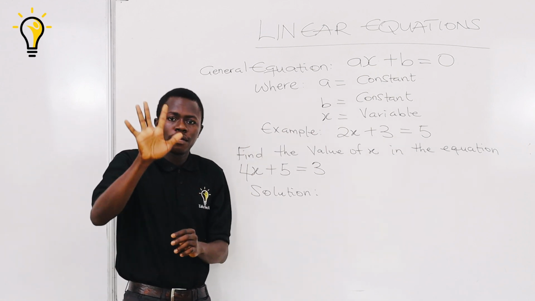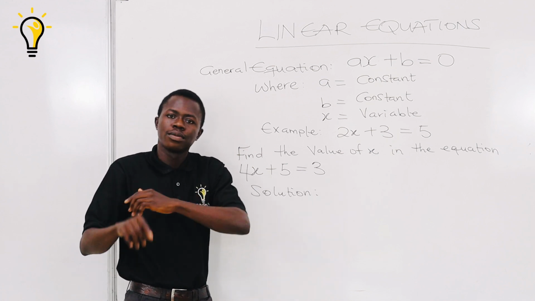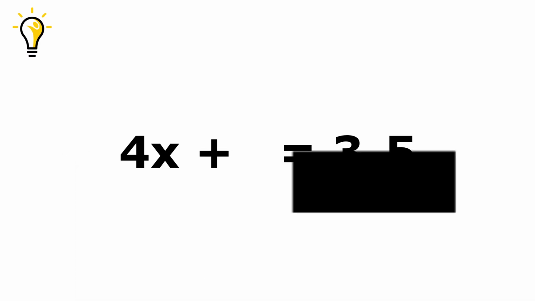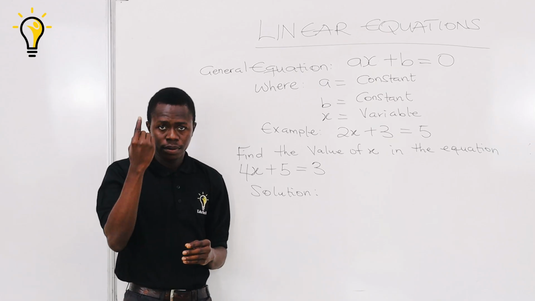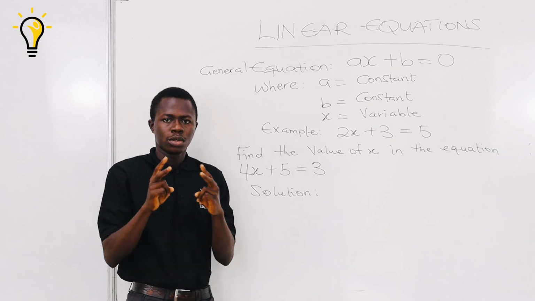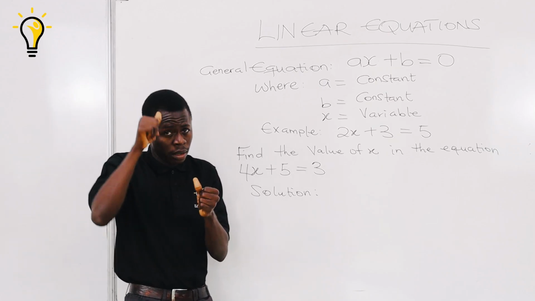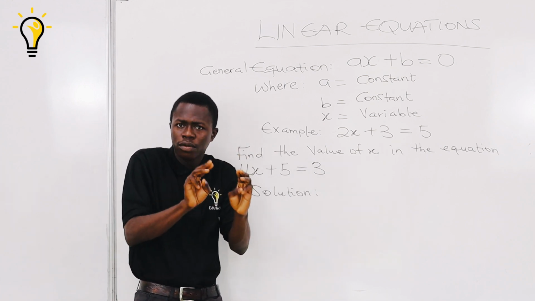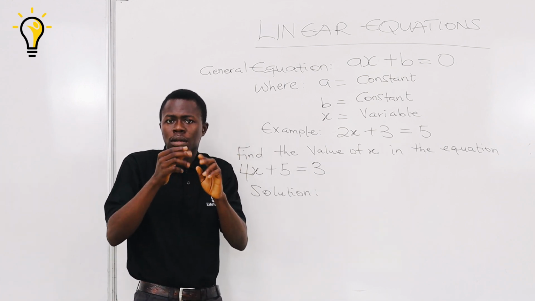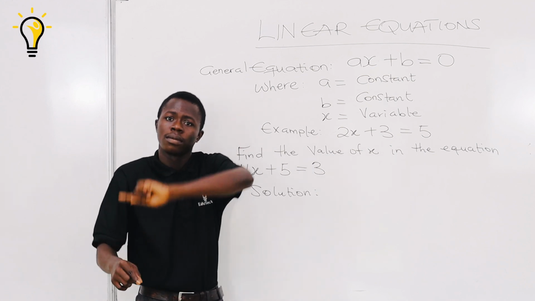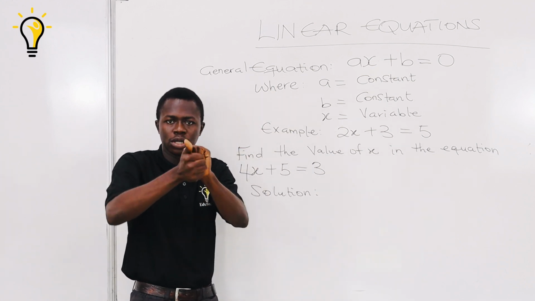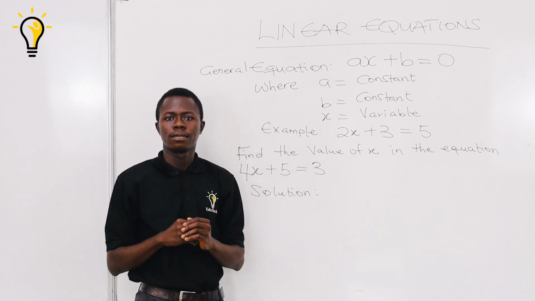So we'll decide to move 5 to the other side. Now you remember that if you move a number that is positive to the other side, or it crosses the equal to sign, it changes and becomes negative.